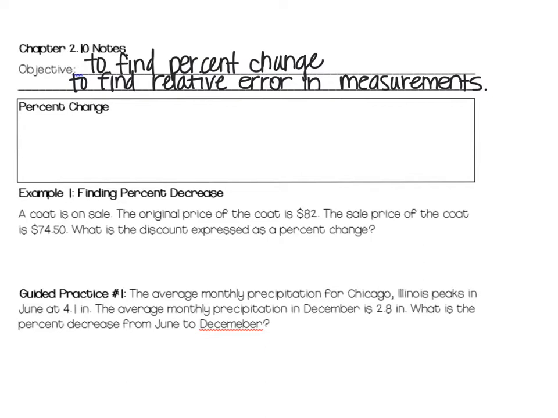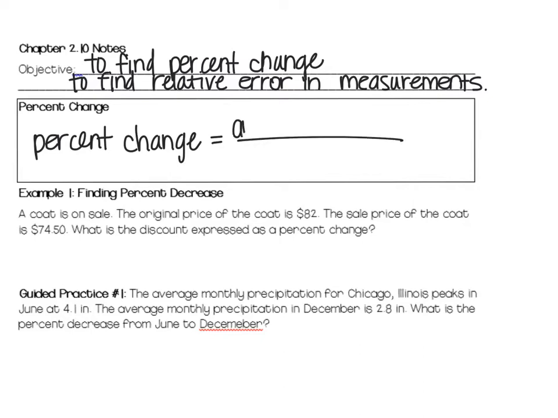So your formula for percent change is going to be the amount of increase or decrease. To do that, all you're going to do is subtract, and then divide it by the original amount.